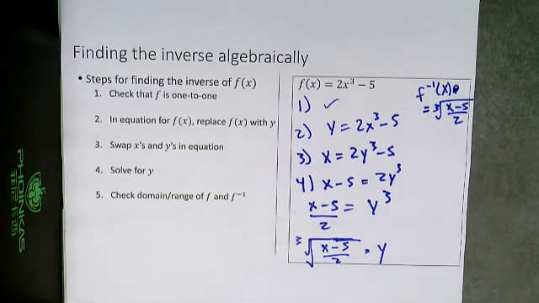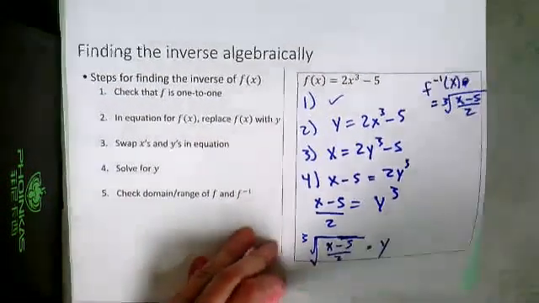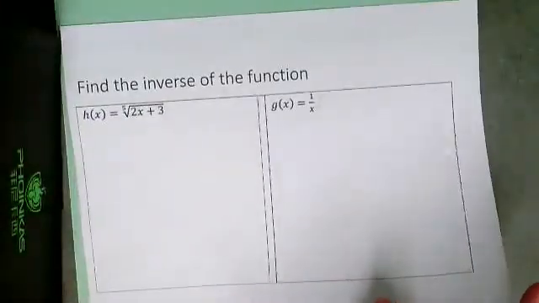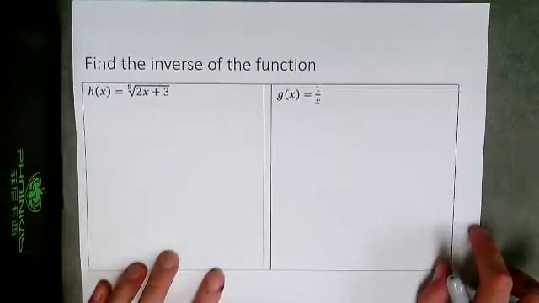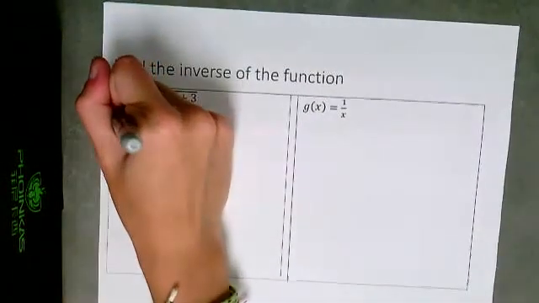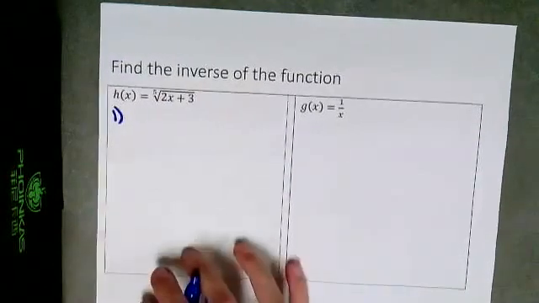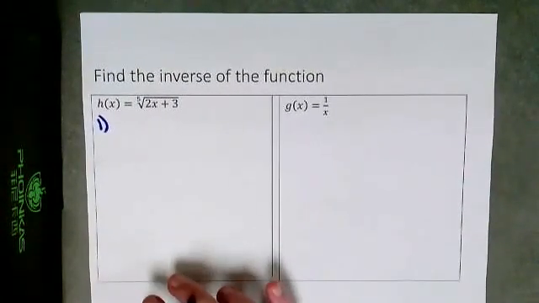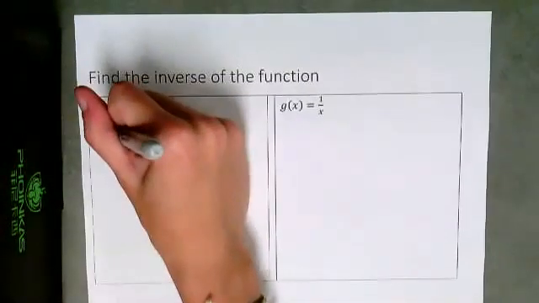So let us now look at a few more examples. First one, h of x is equal to the 5th root of 2x plus 3. Step one, find out if it is one-to-one, and it is.